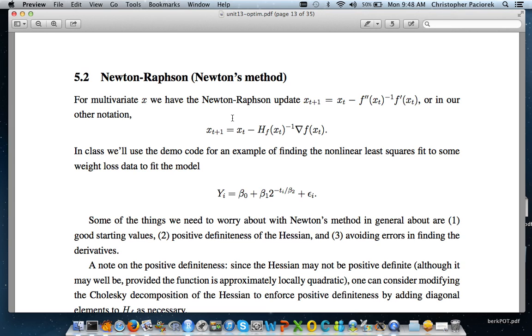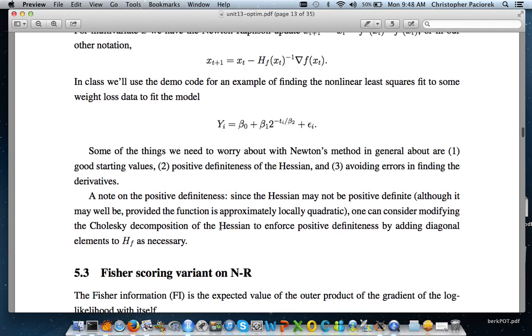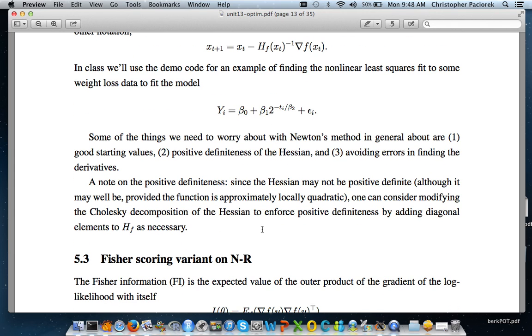So the same sorts of things can arise in multiple dimensions if the Hessian is not, as arose in one dimension, in this case, positive definite. Oftentimes the function is approximately going to be locally quadratic, so the Hessian is going to be invertible, and there are ways that you can get a Hessian and then modify it by adding on the diagonal, and that will stabilize the calculations.